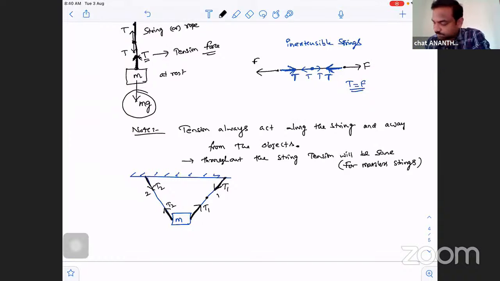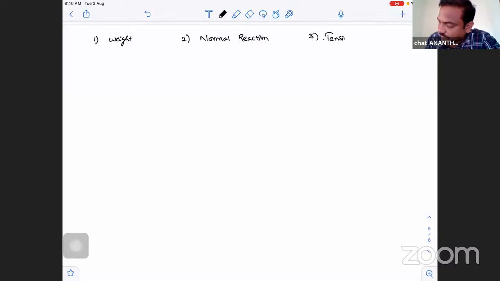So now we have seen the 3 fundamental forces. One is weight. Next one is normal reaction or normal force. Okay, I'm writing it as normal reaction. The third one is tension force.